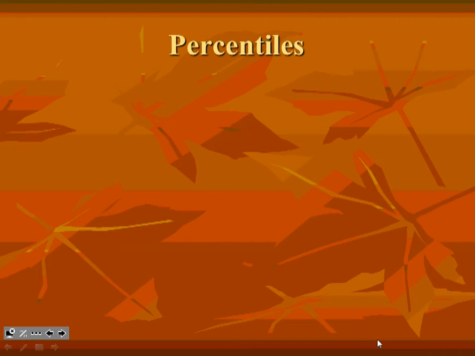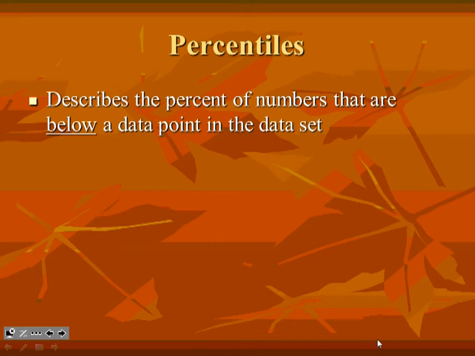And so what that means is that it's describing the percent of numbers that are below a particular data point in the set. Like we said, we're focusing on one particular number and how that compares to the overall set of data.